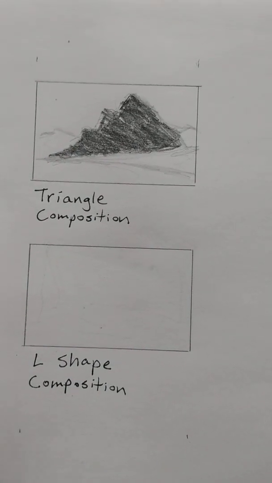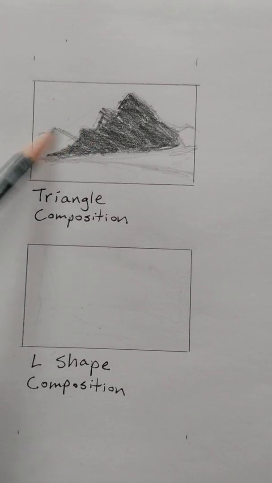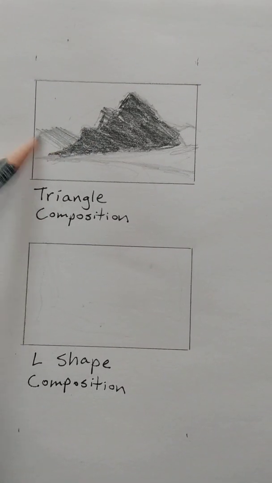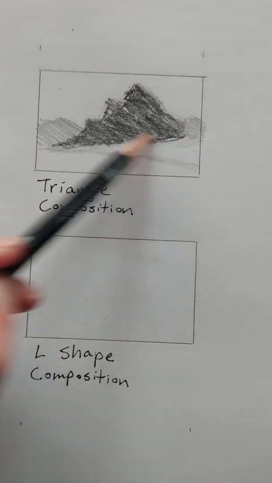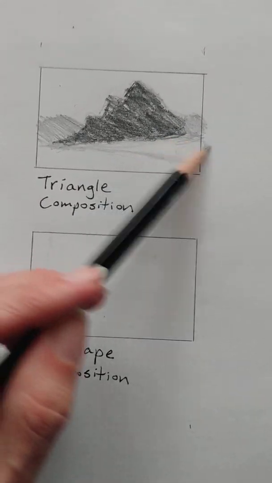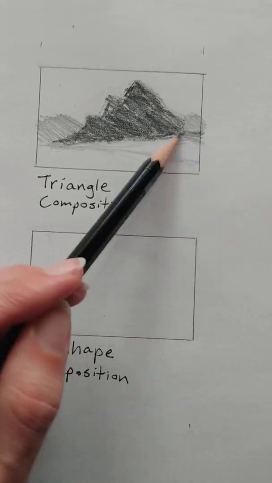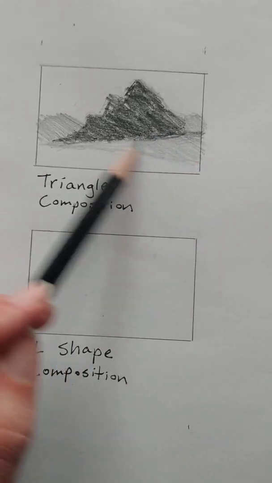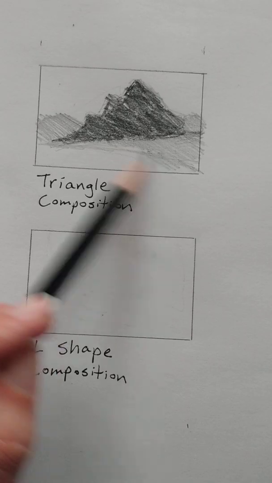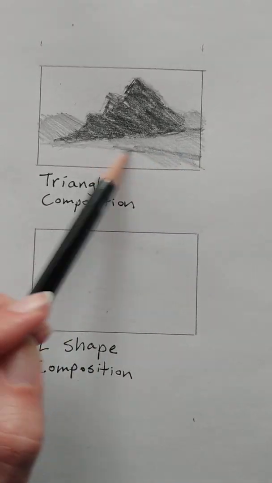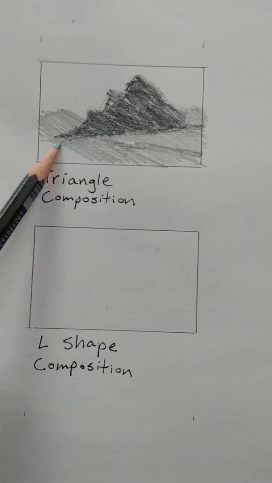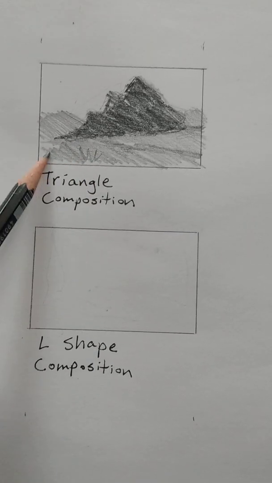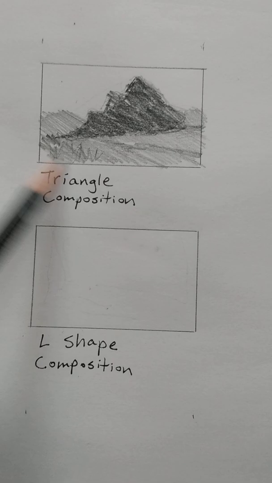And if you have ever seen mountains as they go back in space, the ones that are farther back are lighter. Maybe there's a little grass in here too, or a tree or something.